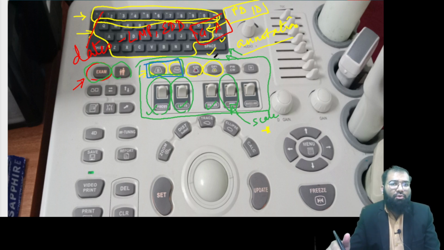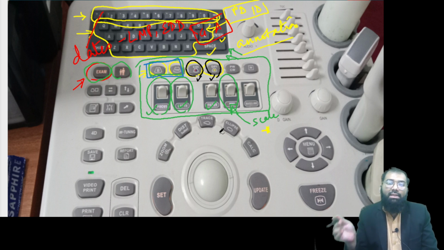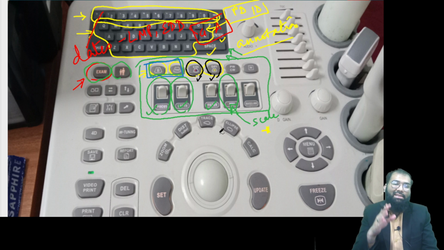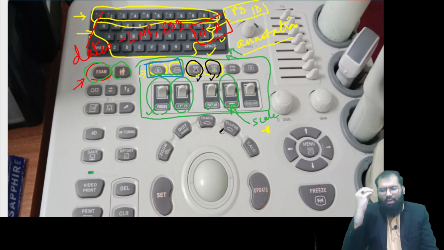Point to be noted here is that if you see these two, that is the color Doppler and the power Doppler, the buttons are different. And remember, not just the keys or knobs are different, but power Doppler is different from color Doppler. Okay, very common difference.